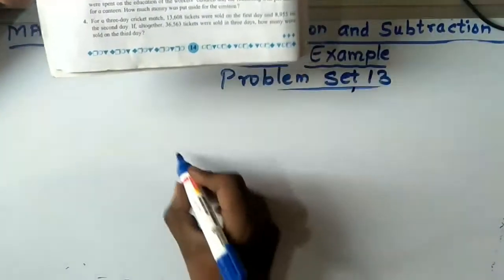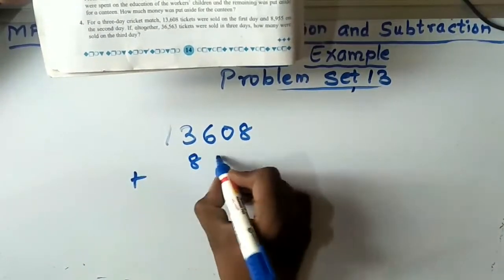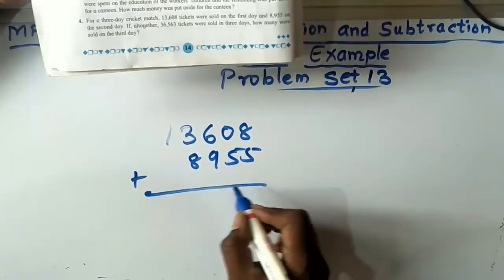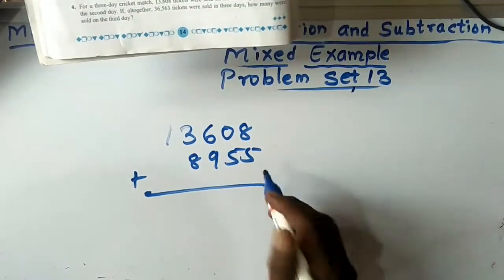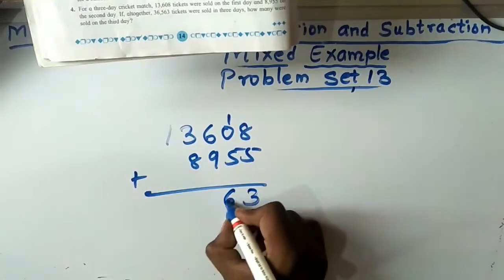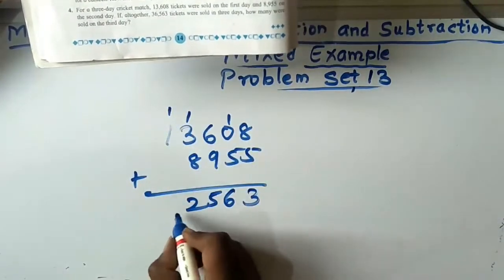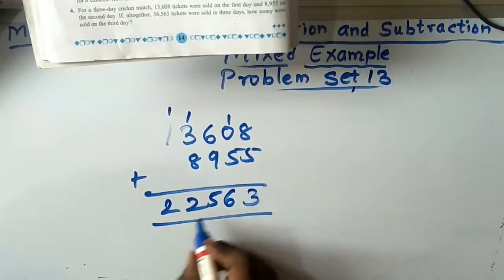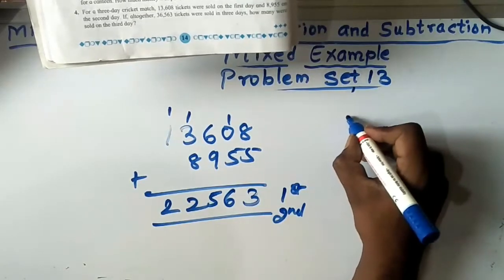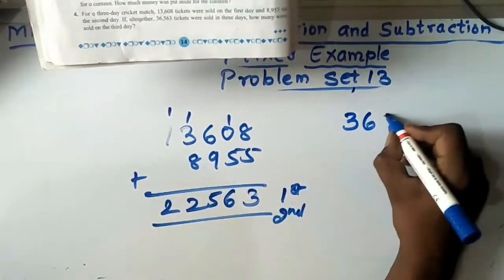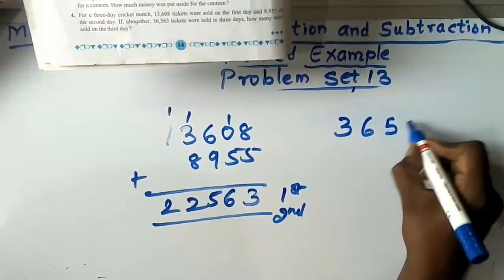Now just see, I'll first add this number plus 8955. I'll do a rough work. 8 plus 6, 8 plus 5, 9, 10, 11, 12, 13. 3, 1, 6, 5, 12. So this is the total collection for the first and the second day. Now the total collection for all the 3 days is 36,563.